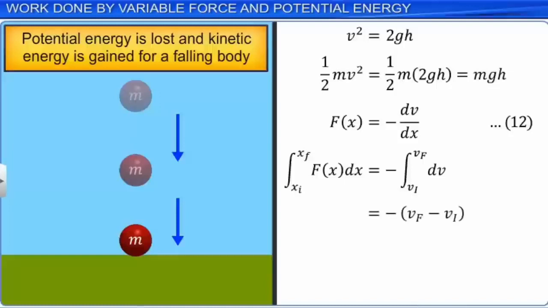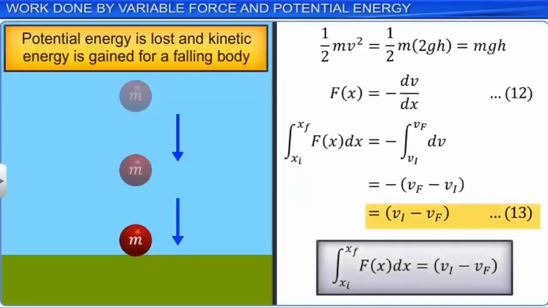On further simplification, we can arrive at the conclusion as shown in equation 13. Integral of F of x dx within the limits xi and xf is equal to Vi minus Vf.